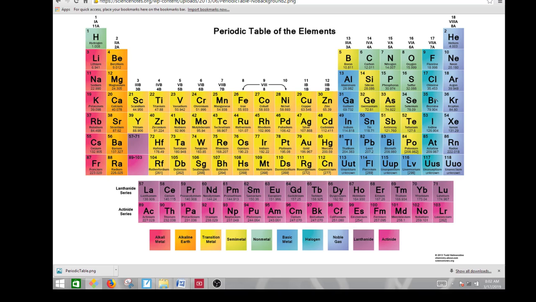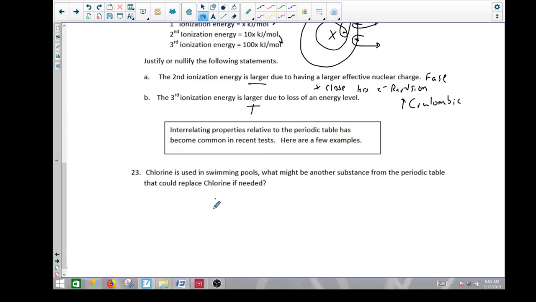In fact, if you were to smell bromine or iodine, it would smell a lot like chlorine. It does a lot of the same things. Technically fluorine, chlorine, and bromine could work. Fluorine is more reactive. It gets less reactive as you go down.